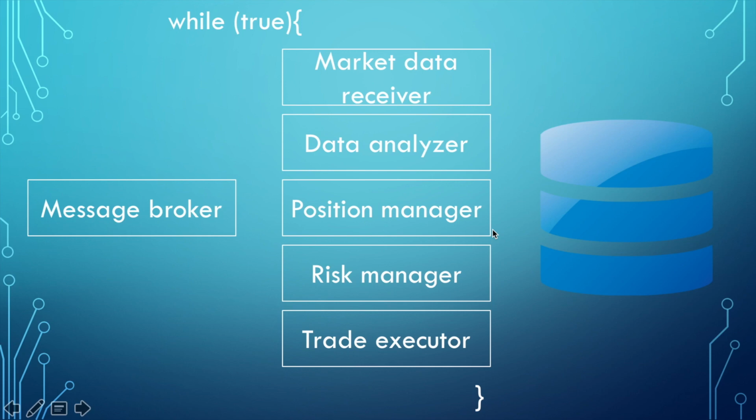Unfortunately, many novice traders frequently neglect this component and focus only on the data analyzer. But as I said, the only goal of the data analyzer is to increase your winning odds. They may be 60 or in some cases even 70%, but you still have to deal with some amount of losing trades. And only successful implementation of the position manager can help you grow your account in the long run.